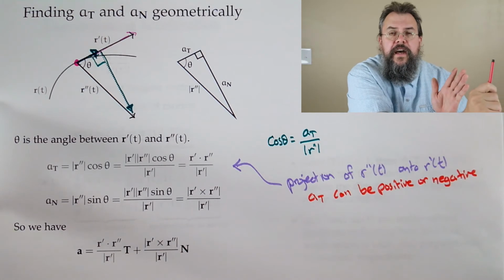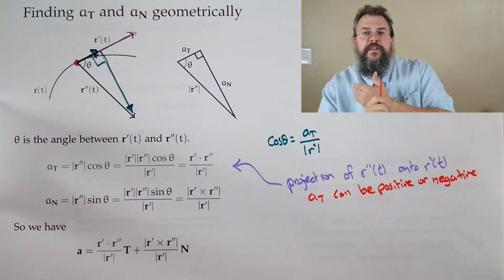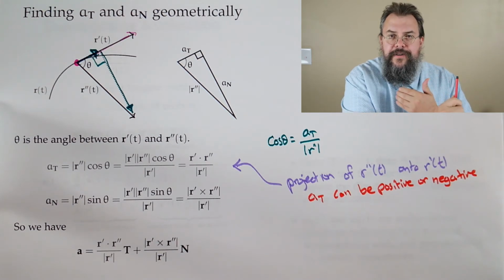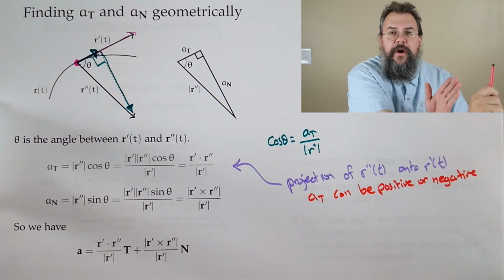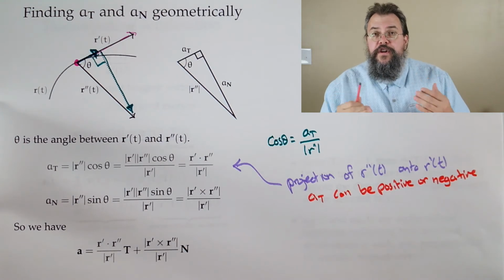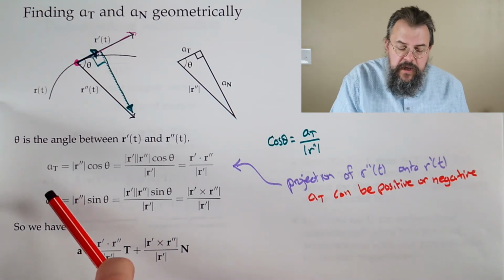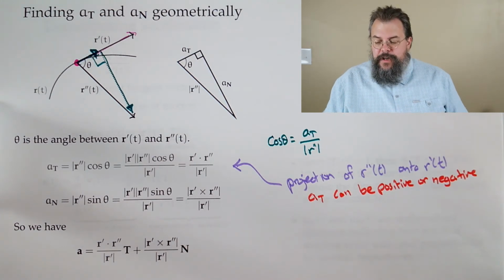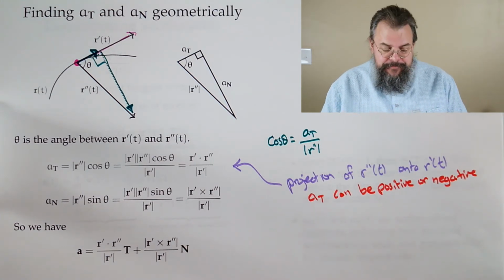It's going faster. If acceleration is in the opposite direction, that means the particle's slowing down. So it's okay to have a positive or a negative value. Both can be interpreted appropriately. So keep that in mind, because we're going to come to a sub n, and we're going to point something out here in a second.